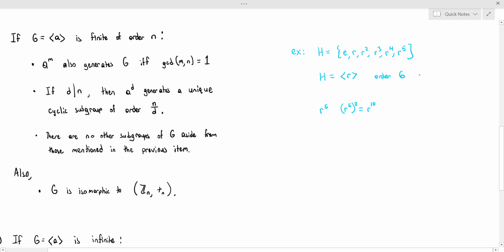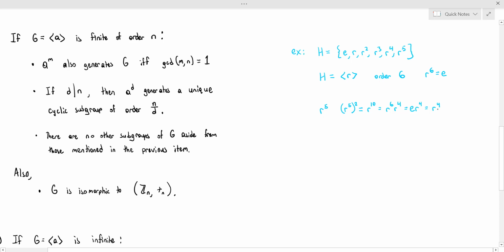But we know that r to the 6th gives us the identity. So r to the 10th is r to the 6th times r to the 4th, and since r to the 6th is just the identity, e times r to the 4th is just r to the 4th.